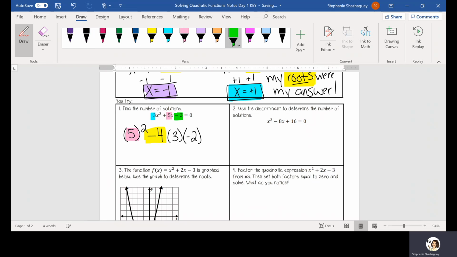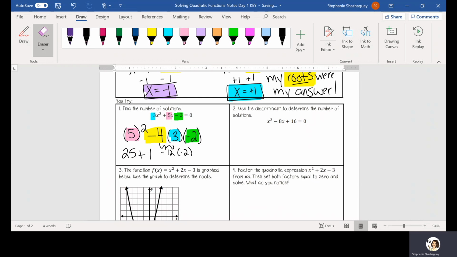Don't forget to bring the sign with the number in your function. So here's your 3, here's your negative 2. So 5 squared, we have 25. Negative 4 times 3 is going to be negative 12. And then negative 12 times negative 2 is going to be a positive 24. So 25 plus 24 is going to equal 49.